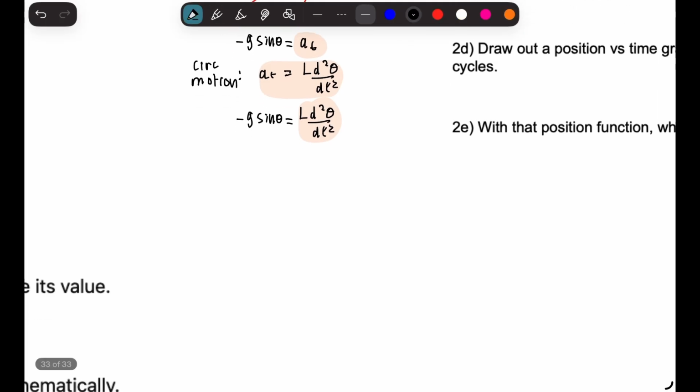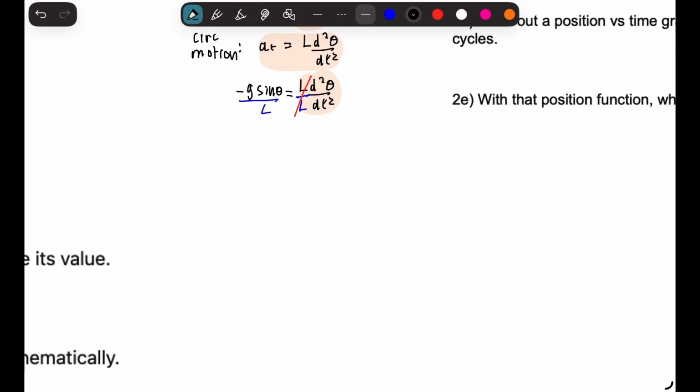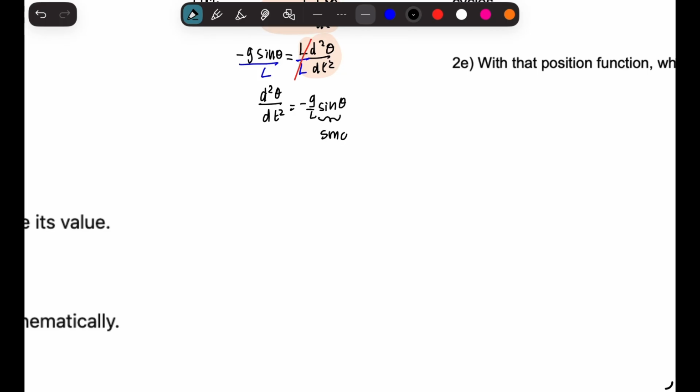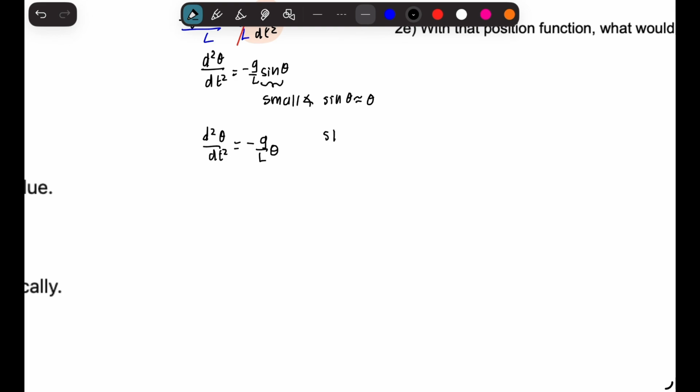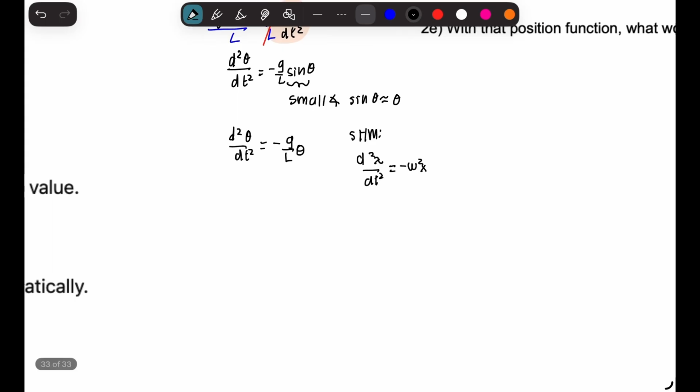And after this, we can divide both sides by L. After this, you have, and since this is a small angle, so your equation is just going to be D. And we know that with simple harmonic motion, so here we can substitute that in.